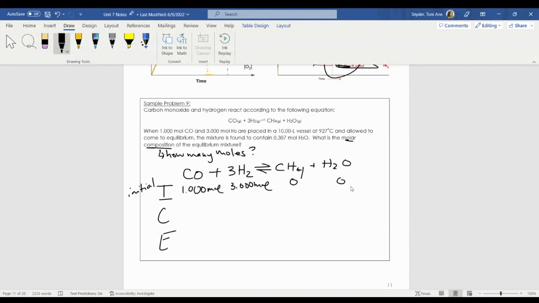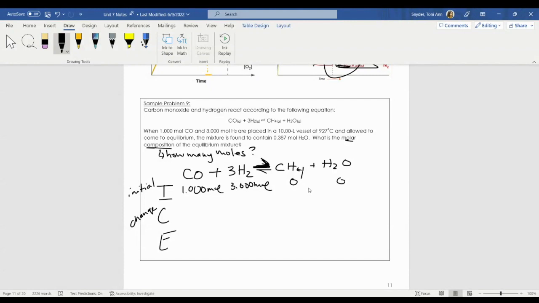We can then determine what is C, right? And C stands for the change in the system, change. And we can see what the change is by looking at that balanced chemical equation. We know that this reaction, based on how it is, has to go in the forward direction because I don't have any products here, right?